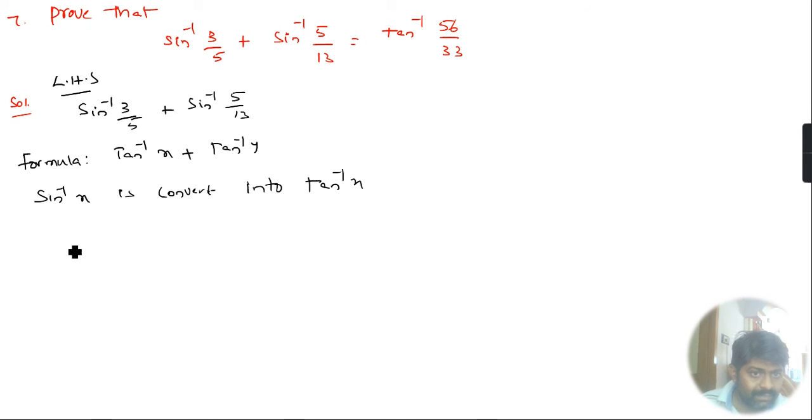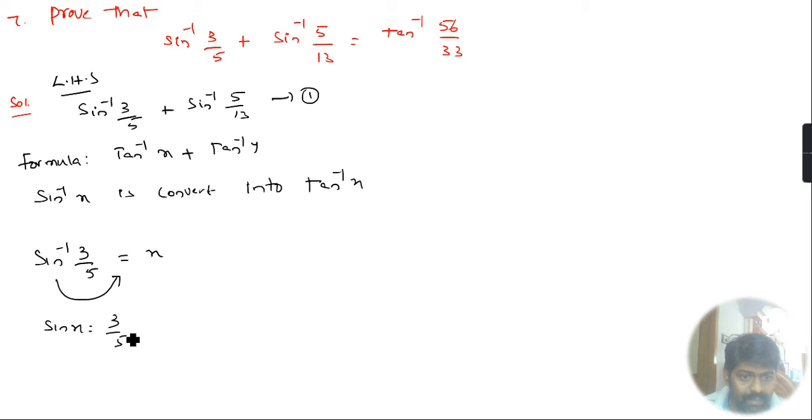For that, first take sin inverse of 3 by 5. This can be taken as x. The sin inverse is moved to the other side, and we get sin x is equal to 3 by 5.